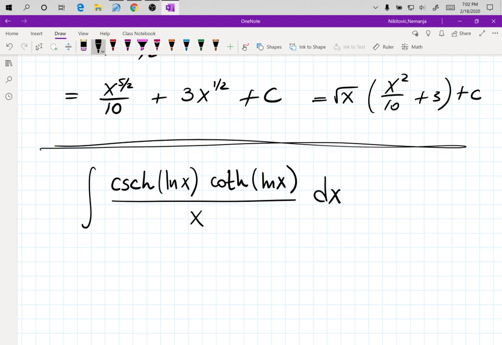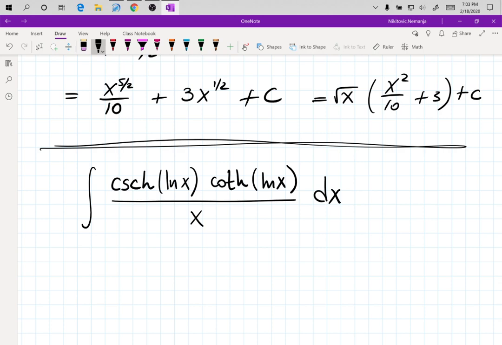So this is what a basic u-sub would look like with hyperbolic functions. Now, before you go full panic mode, what do you mean basic? This has 5 different functions in a pile. Yes. But when you are dealing with u-sub questions, you need to think about function-derivative pairs.